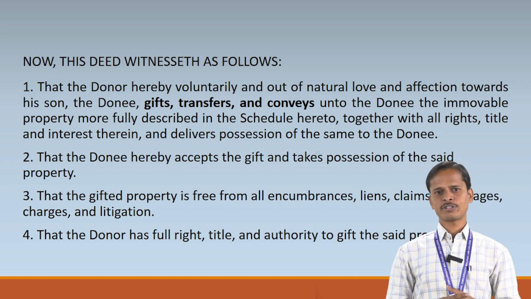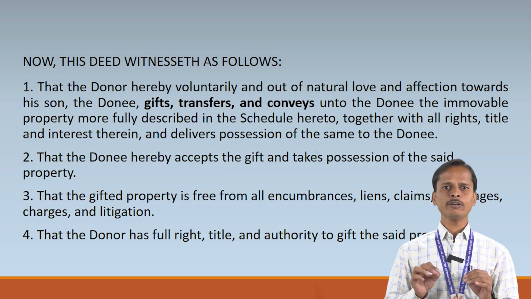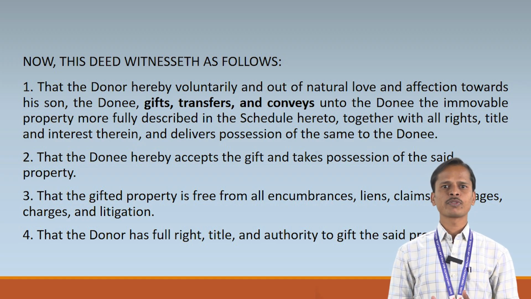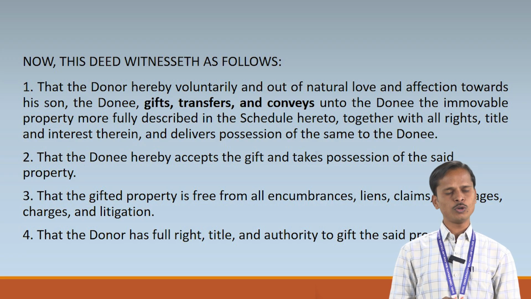So, here is our draft: That the donor hereby voluntarily and out of natural love and affection towards his son, the donee, gifts, transfers and conveys unto the donee the immovable property more fully described in the schedule hereto, together with all the rights, title and interest therein, and delivers possession of the same to the donee.